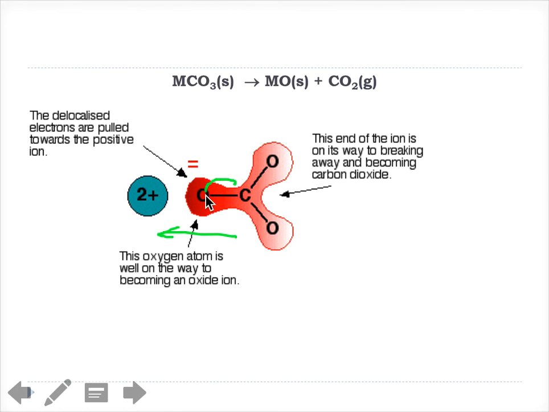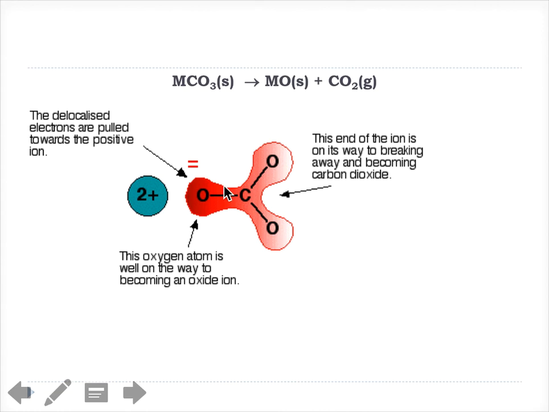And it is this particular bond that has its electron density sucked over to the cation. Now, when electron density is sucked over to the cation, the electron density between the O and the C decreases. And as a result, this weakens this C-O bond.